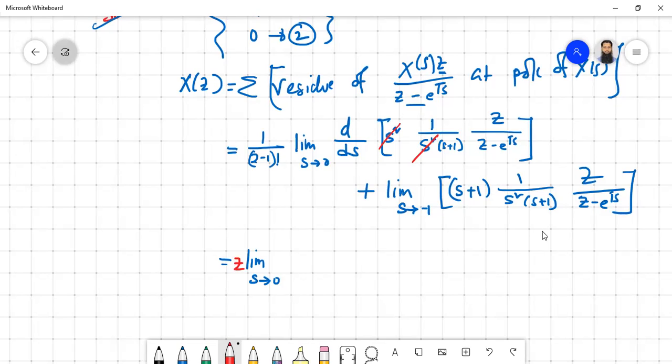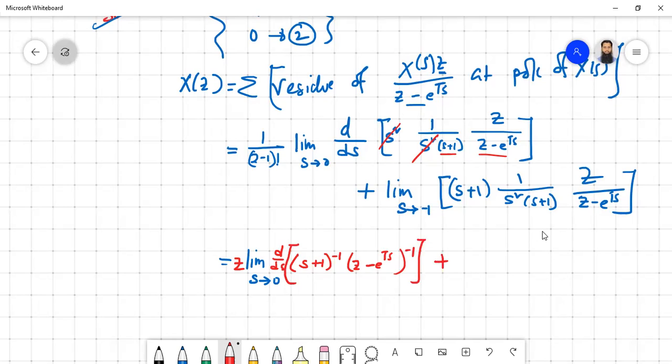So now what do we have: two functions, s plus 1 and z minus e to the power ts. You can write it using inversion so that you can do the differentiation with ease. So we take (s plus 1) inverse into (z minus e to the power ts) inverse, just taking the inverse of both of them.